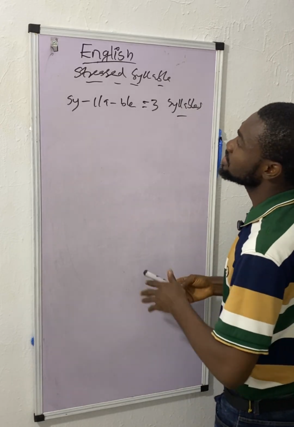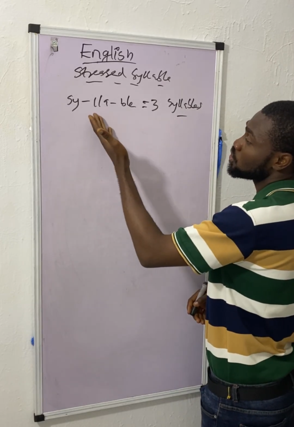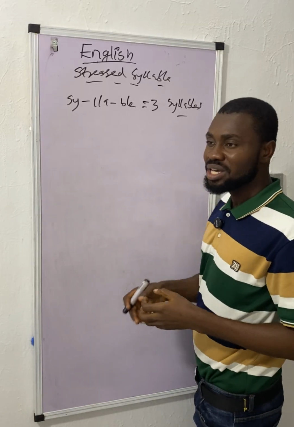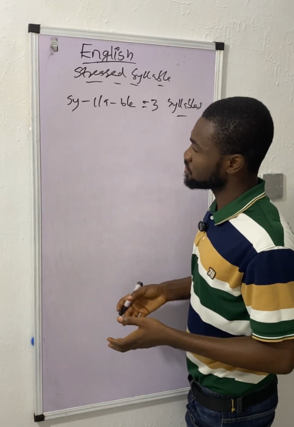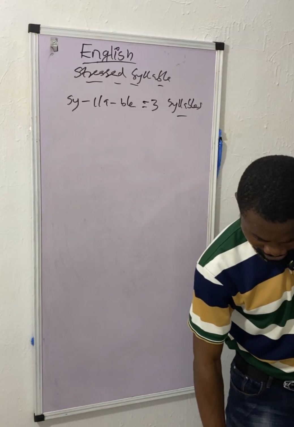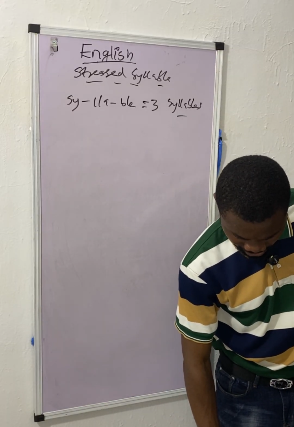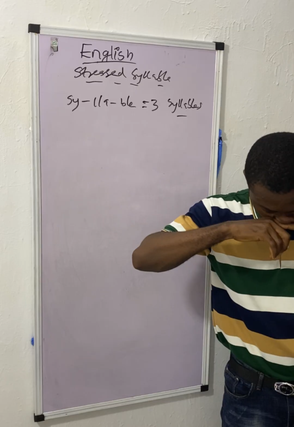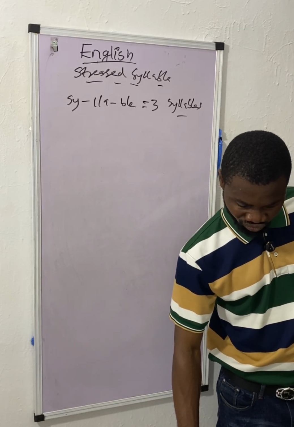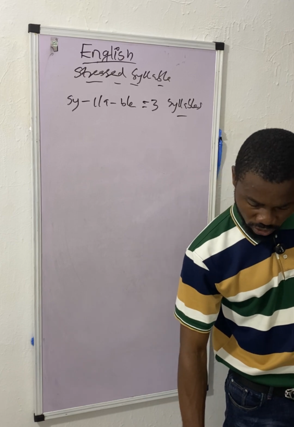So what stress syllable means is the special attention given to a particular syllable. Stressing it, making it so obvious that it is being pronounced. That's stress syllable, as simple as A, B, C, D. So how do we do stress syllable?